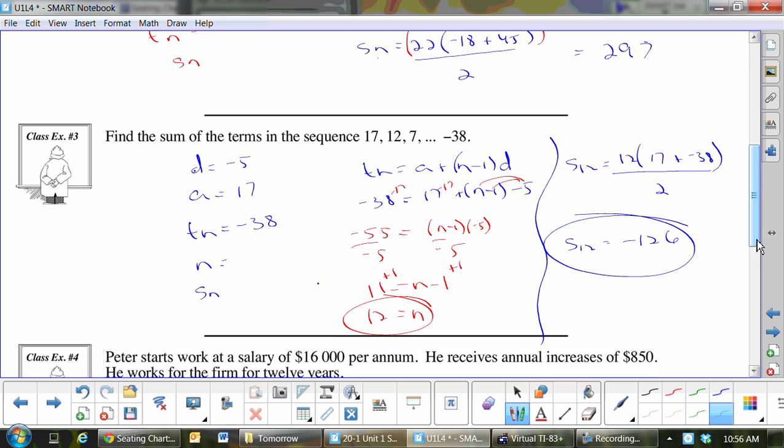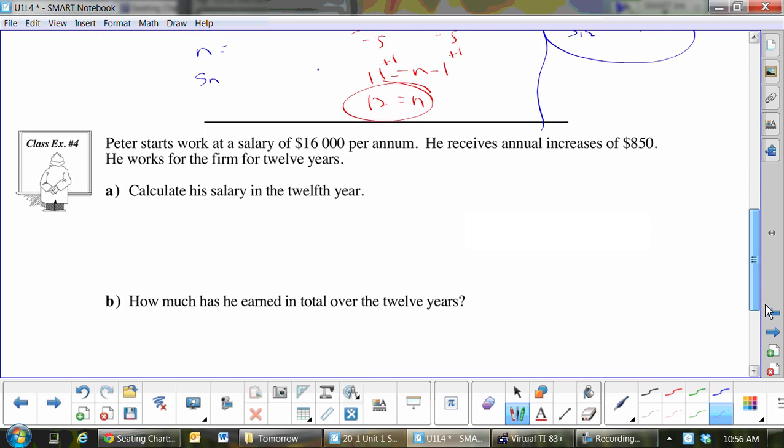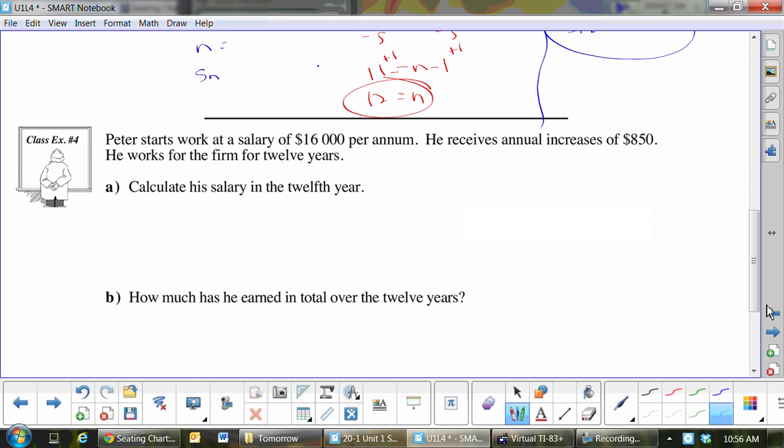Okay, now let's look at example 4. I don't want to do example 4, but I want you to just look here and see how you would do it. I start with a salary of $16,000 and I get an $850 increase over the next 12 years.